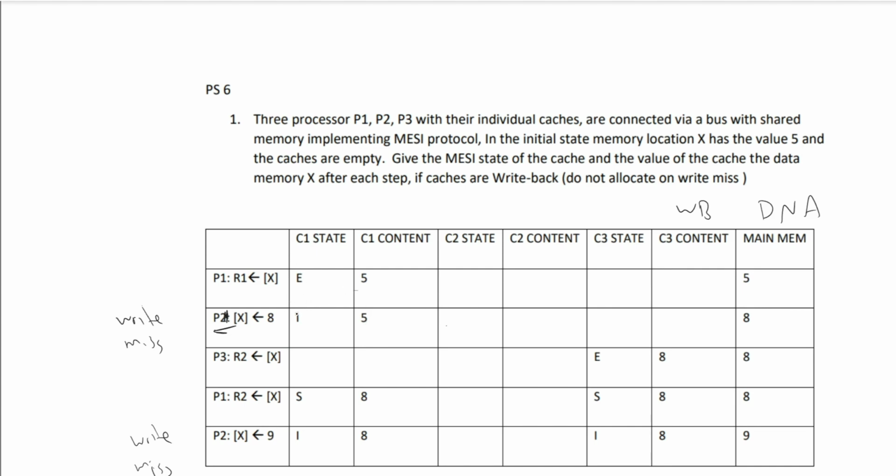We change this from exclusive to modified, and then we update this to 8. Main memory wouldn't have been updated yet. This would have still been a 5. I think that's the difference. The modified state is if it's already in the cache, I think.